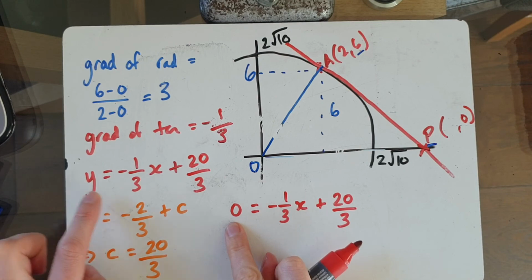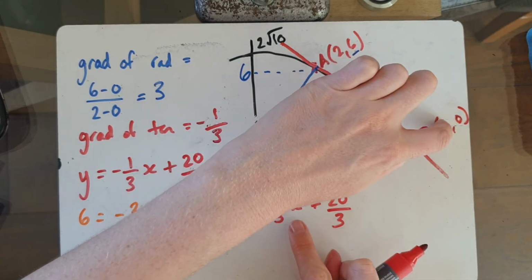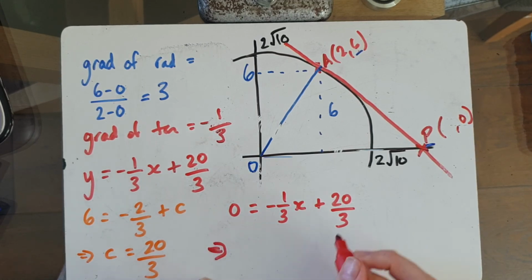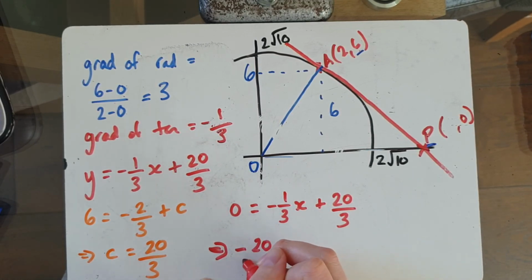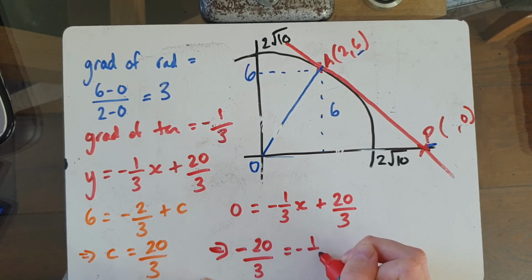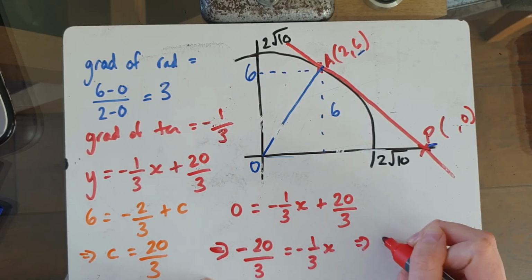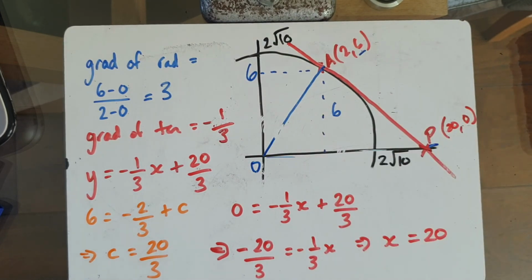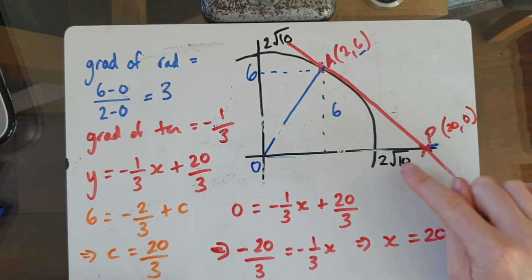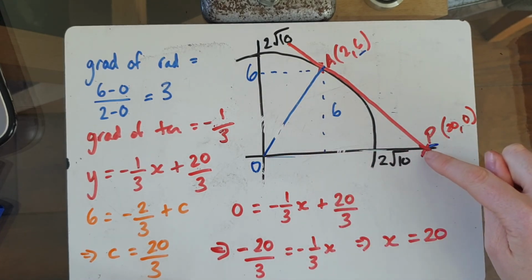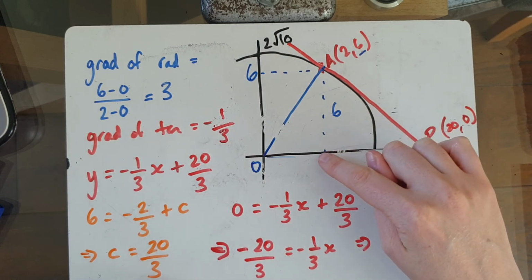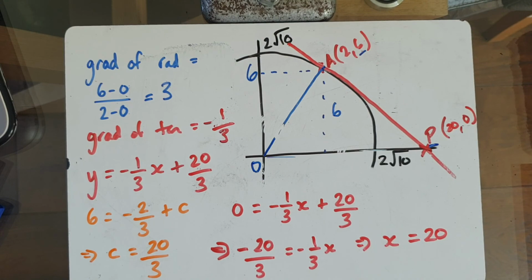So y is 0 equals negative a third of whatever this x coordinate is plus 20 over 3. Rearrange this equation. We've got negative 20 over 3 equals negative a third x. So x must be 20. What we've now got then is just a triangle where this base is 20 because it goes from 0 to 20 on the x-axis, and this height is 6.